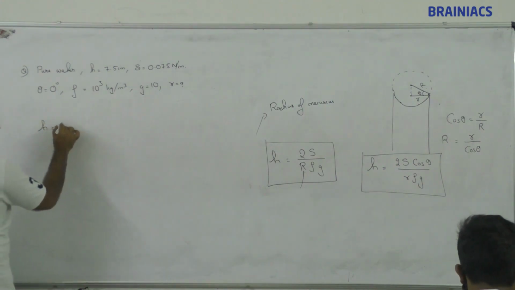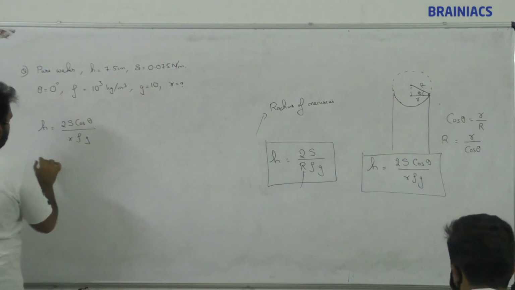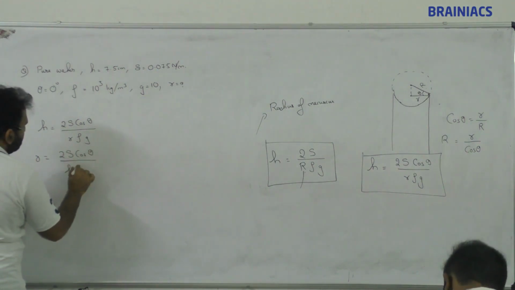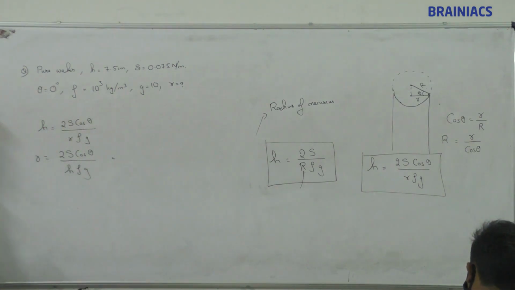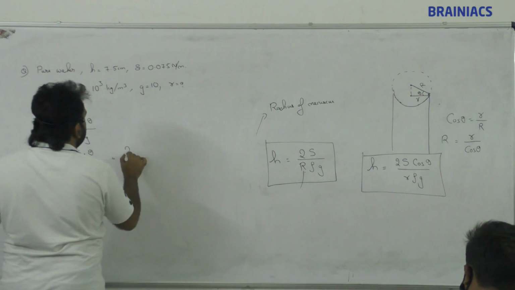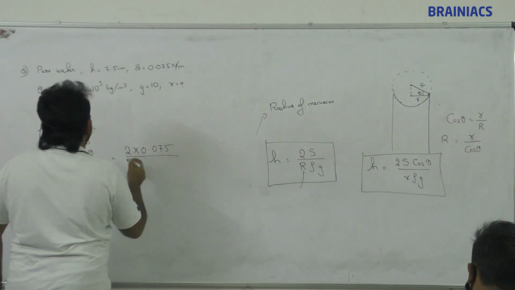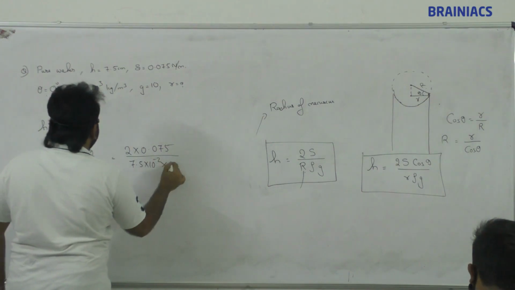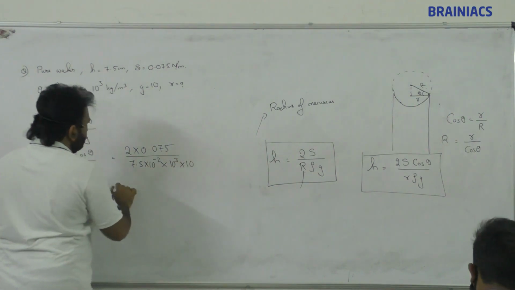So h is equal to 2s cos theta divided by r rho g. r is equal to 2s cos theta divided by h rho g. Theta is given as 0, so cos theta will become 1. So 2 into the surface tension 0.075, divided by the capillary rise 7.5 into 10 raised to minus 2, into density 10 raised to 3, into 10.